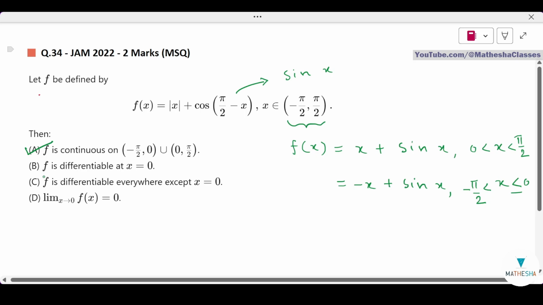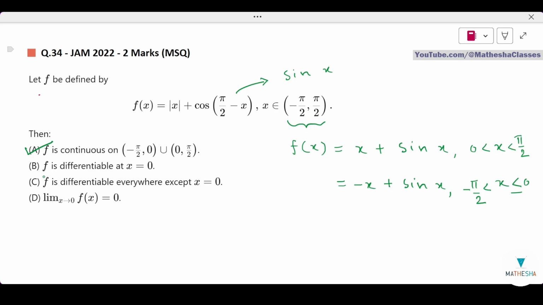Before discussing B and C, which involve differentiability, let us solve an easier part, and that is option D. So first of all, note that if you try to calculate the right hand limit, x tends to 0 plus f(x), definitely for that we are supposed to use the positive value of x, that means this time the expression of f(x) will be x plus sin x.